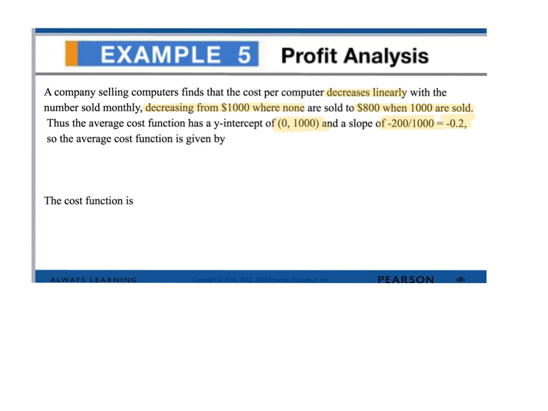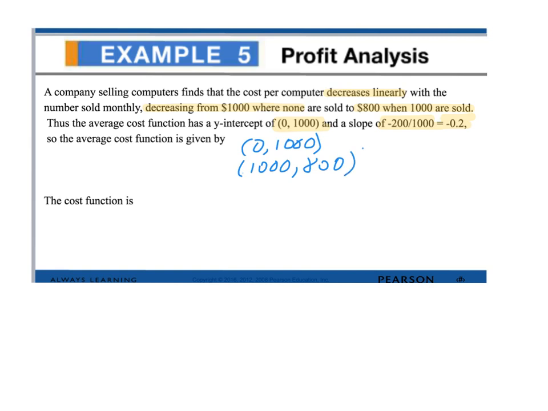Because, oops, forgot to put the pencil on, because the 2 points that you're given are (0, 1,000) and (1,000, 800). I'm sorry, I wrote that backwards. And when you sell 1,000 rather than 0, then you have a $200 decrease.